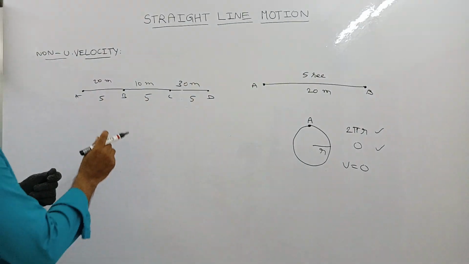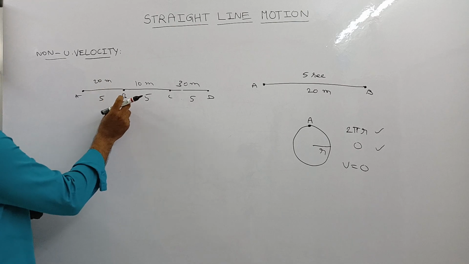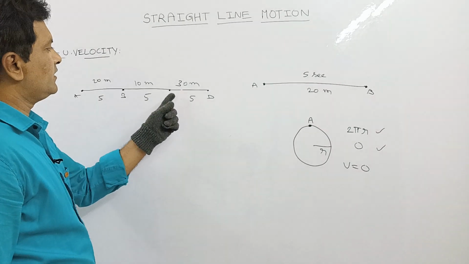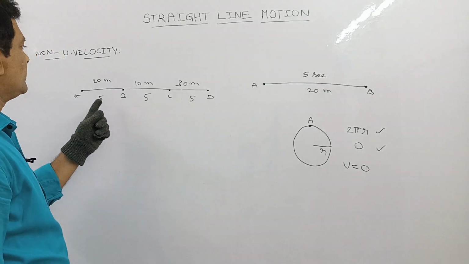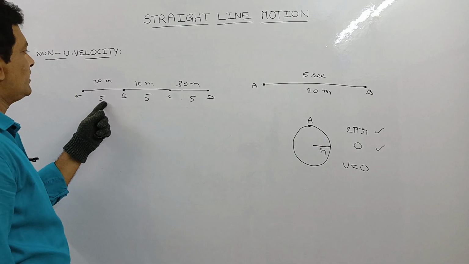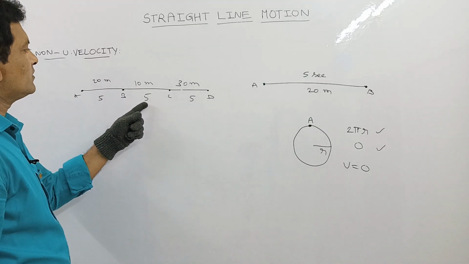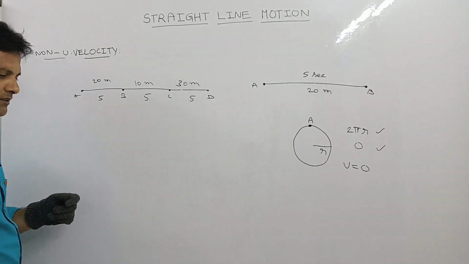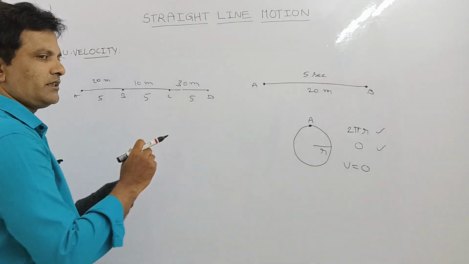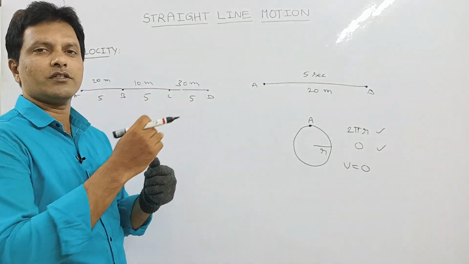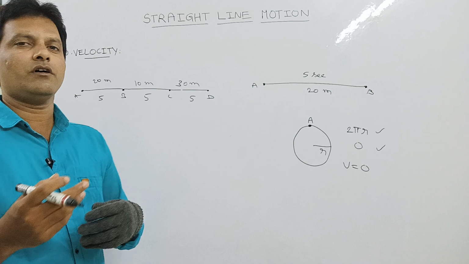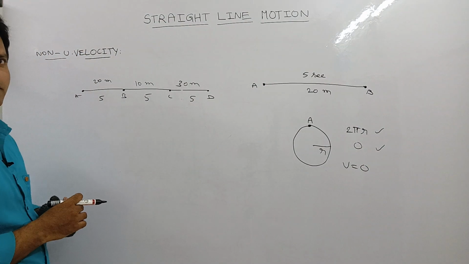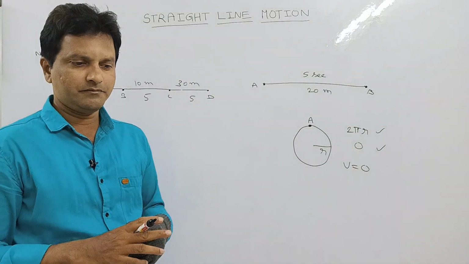Here 20 meters took 5 seconds, here 10 meters took 5 seconds, and 30 meters in 5 seconds. So here the velocity is 4 meters per second, here the velocity is 2 meters per second, here the velocity is 6 meters per second. So velocity is changing when the object is in motion, varying. Varying means non-uniform. That is why we can say the object is moving with non-uniform velocity.